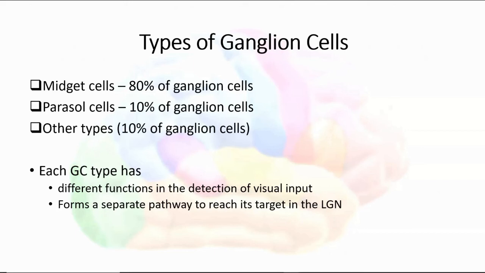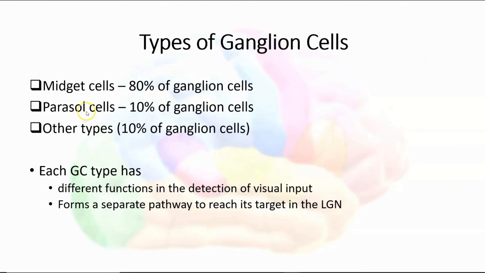Another process that is also involved is the splitting of the visual information into specific ganglion cells. There are three types of ganglion cells, which are midget cells, which are around 80% of ganglion cells.